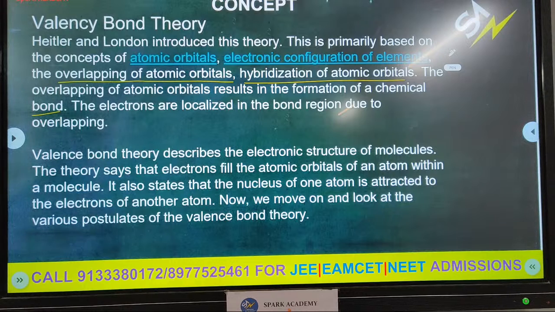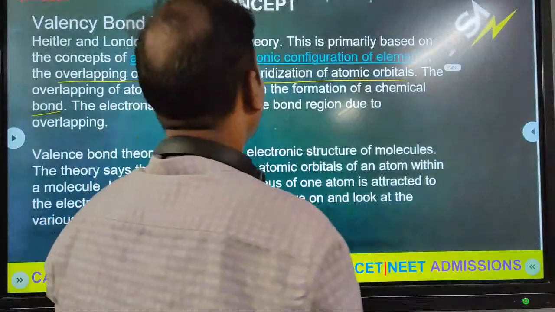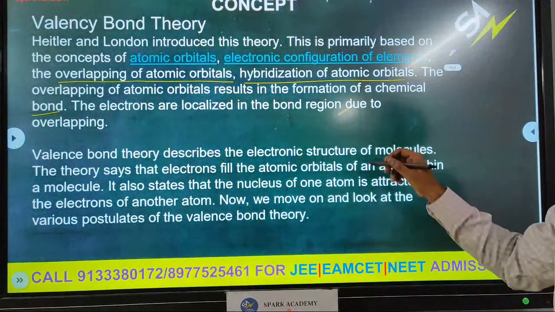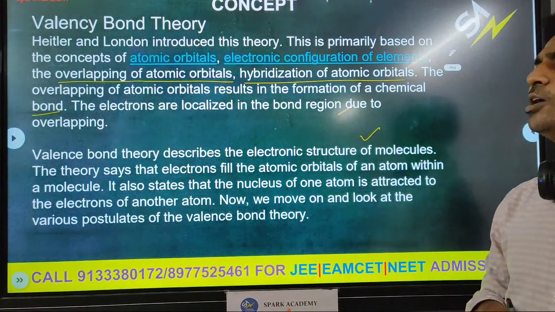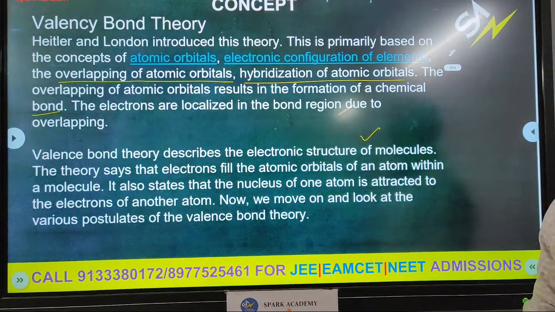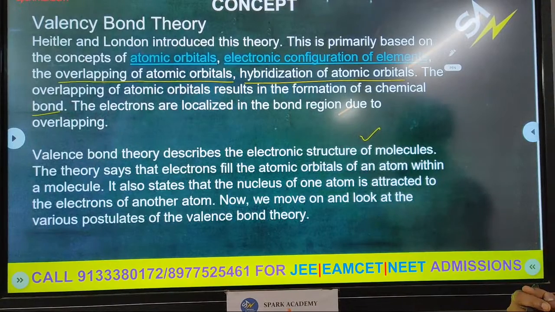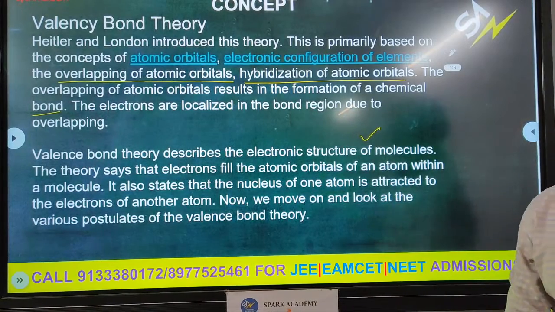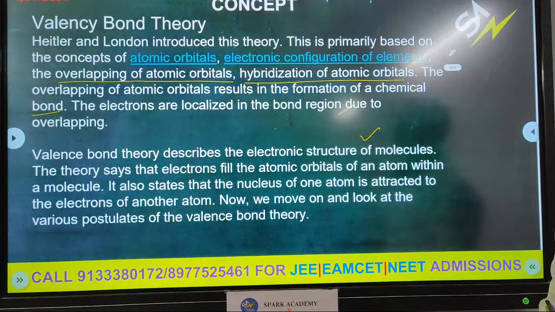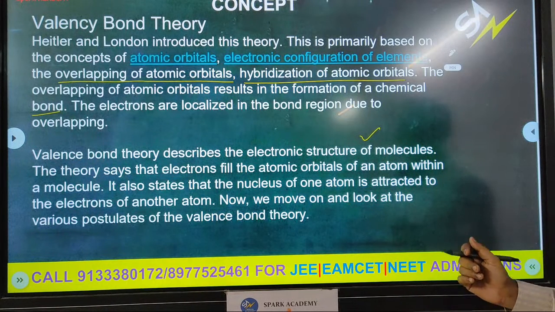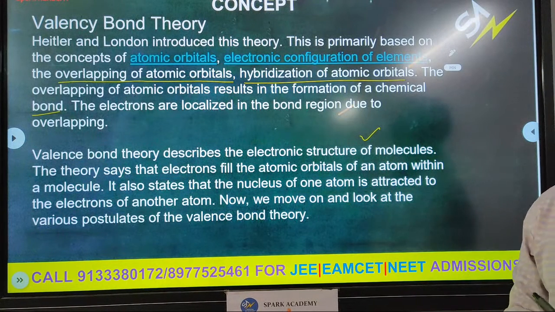Valence bond theory describes the electronic structure of molecules, especially how they are held together and their geometry inside the molecule. This theory says that electrons fill the atomic orbitals of an atom within a molecule. It also states that the nucleus of an atom is attracted to the electrons of another atom.